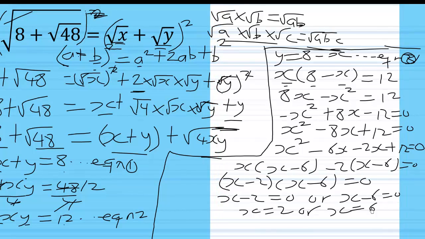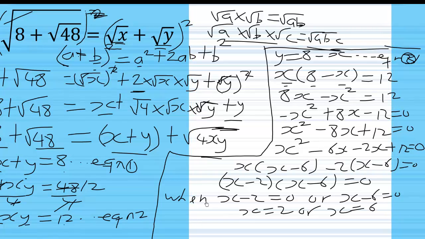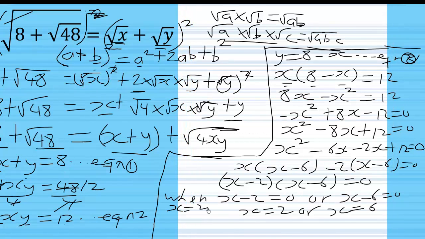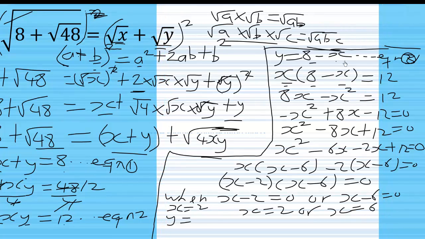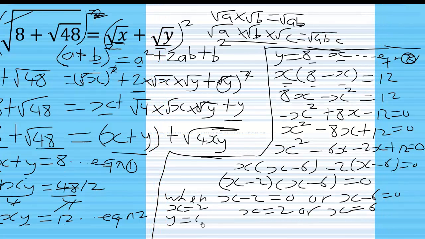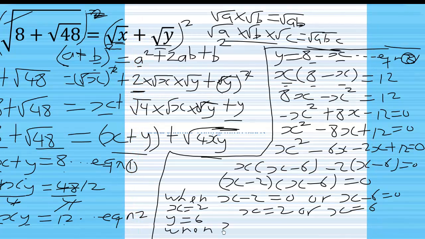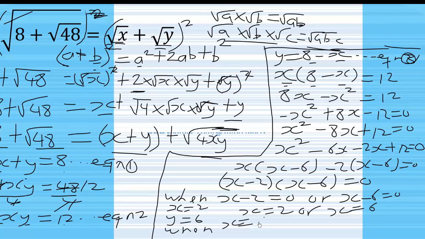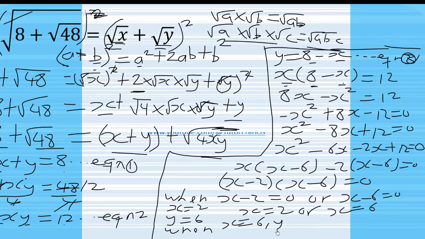Now when x is 2, y will be equal to 8 minus 2, which is 6. And when x is 6, y will be equal to 8 minus 6, which is 2.